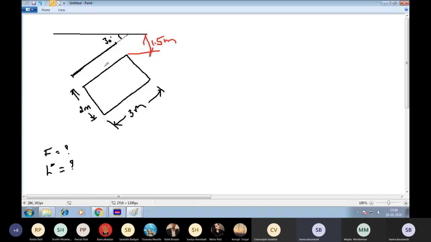This is the rectangular surface and this is the free surface. Identify the force, total pressure, that is F, and h star. So first write the given data. The value of theta is given as 30 degree.